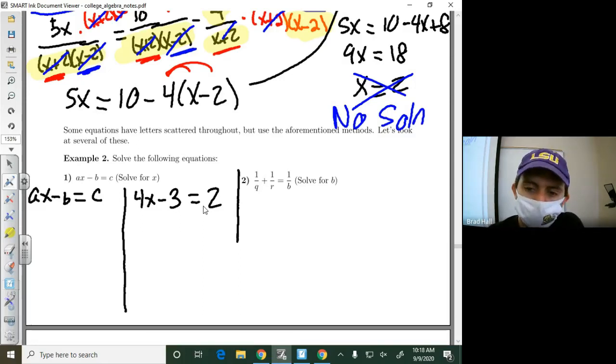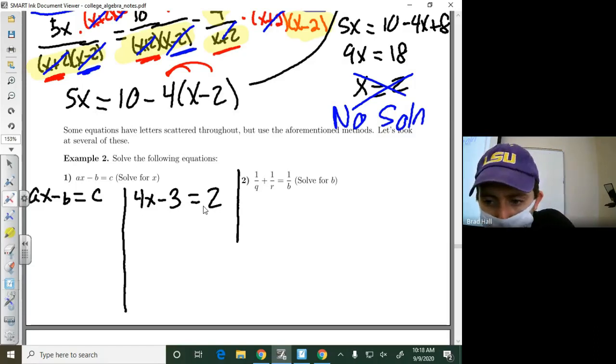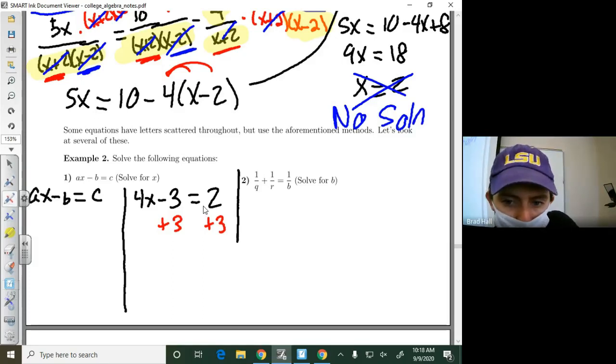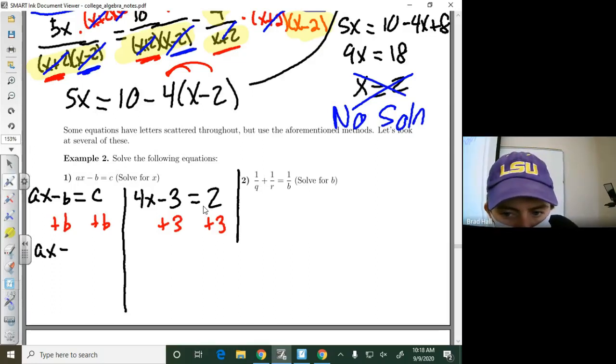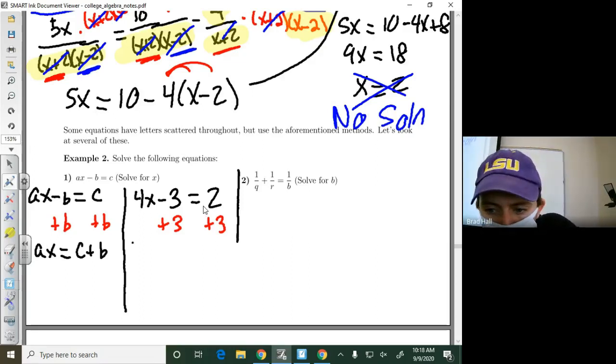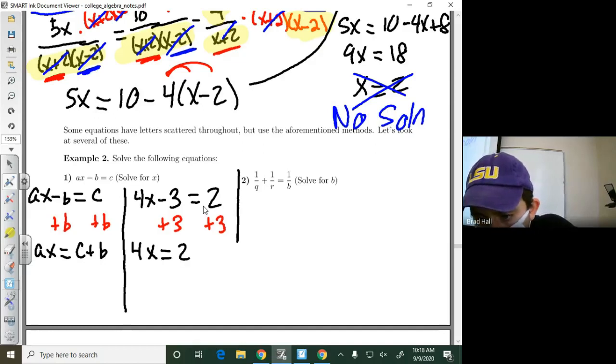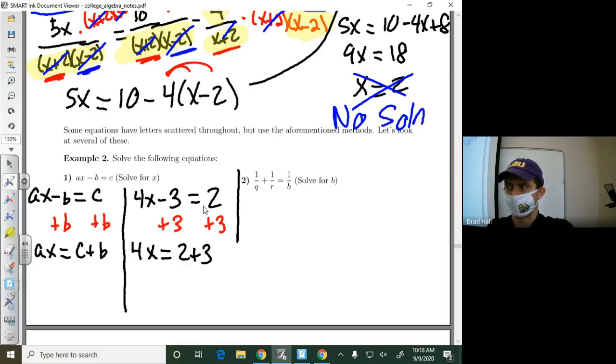And so if it were numbers, the first thing we would do over here is add 3 on both sides. So naturally, over here we would add B on both sides. B is just, you know, a number like 3 or whatever else you could think of. I'm just going to leave it as 2 plus 3, just to match the C plus B thing. We can combine that and make it 5, but I'll keep it consistent.